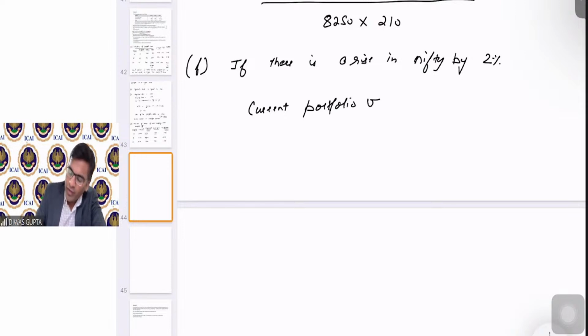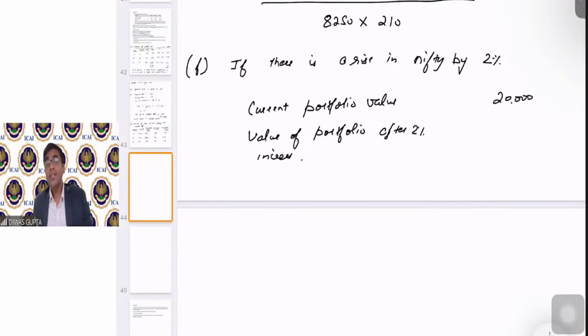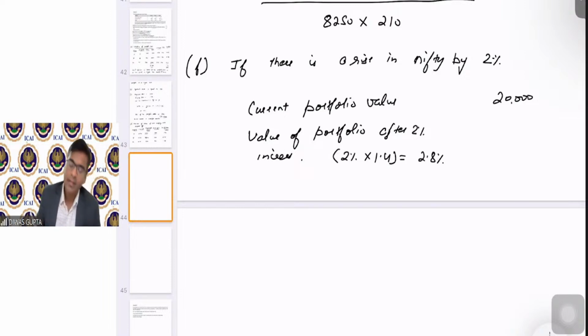So current portfolio value was 20,000 lakhs, correct? Value of portfolio after 2% increase. Now, students, please note this 2% increase. What is the portfolio beta? Portfolio beta is 1.4. So, net, it will increase by 2.8%.